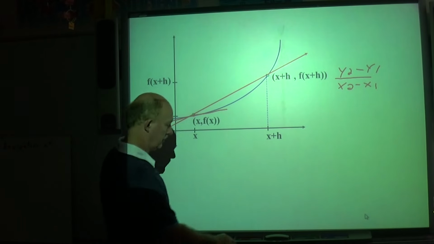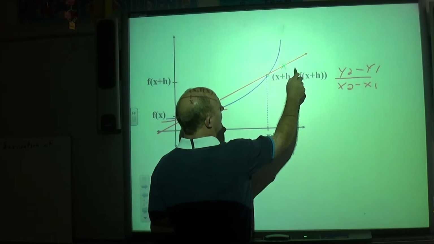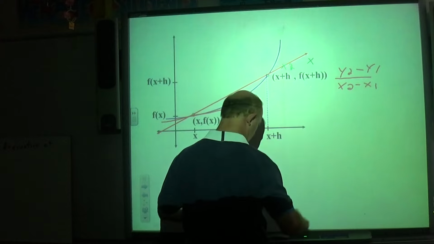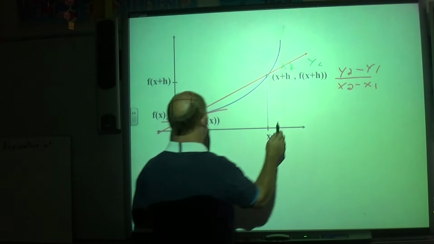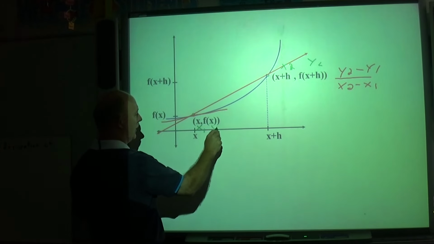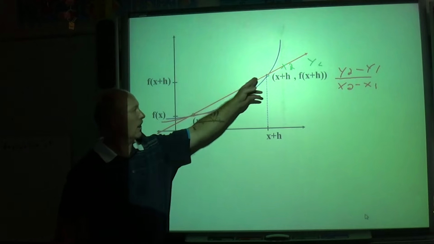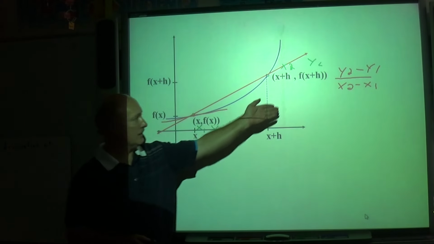Think of this one as x2, y2. This point down here is x1, y1. As we describe our slopes using our two points, like I said, it's basically just using the slope formula.